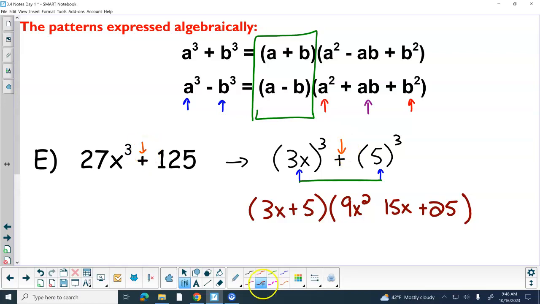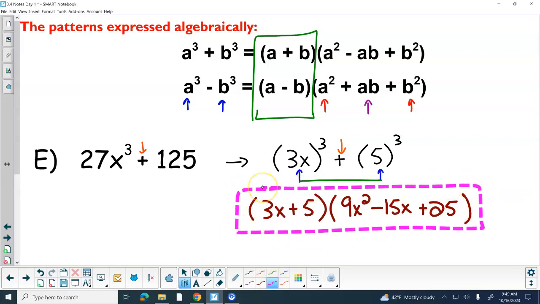Minus. We switch that sign. And that's it. That trinomial that we just created is not factorable. Okay? Questions on that?